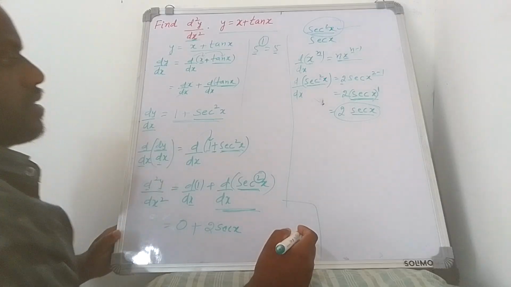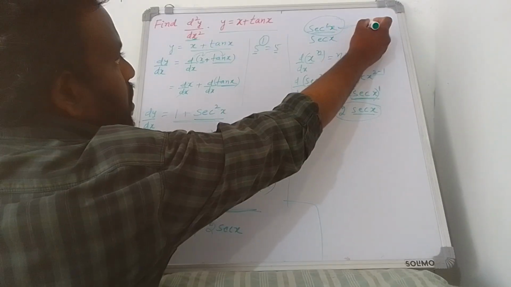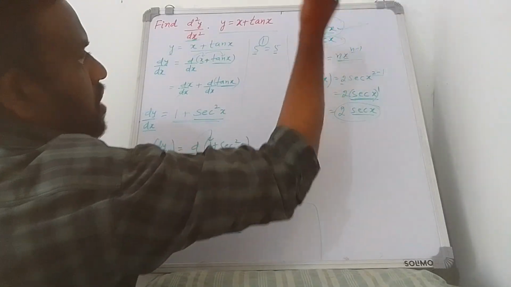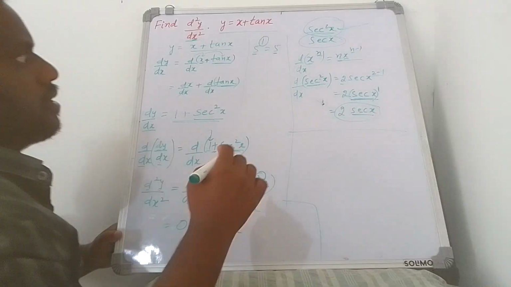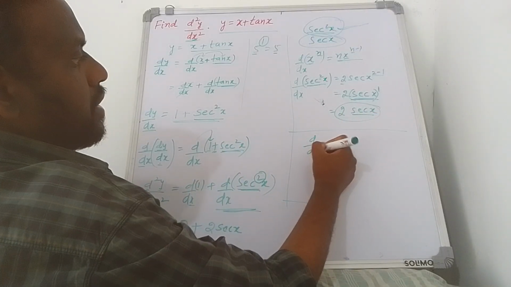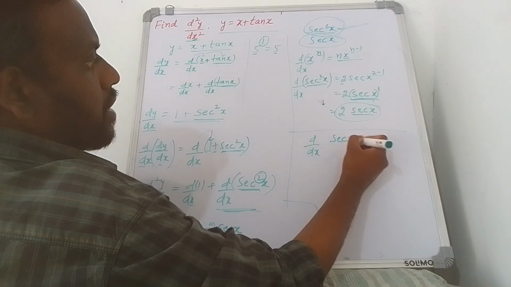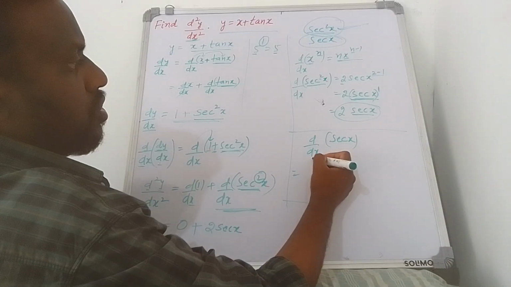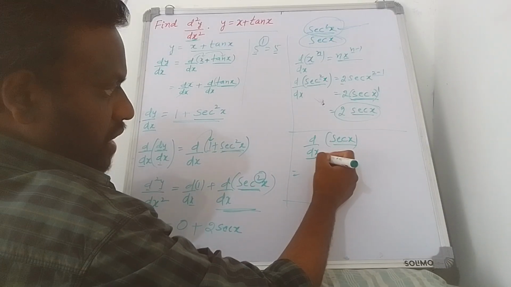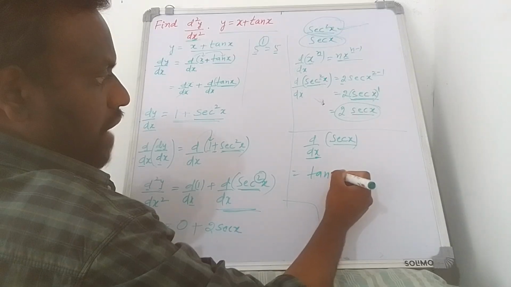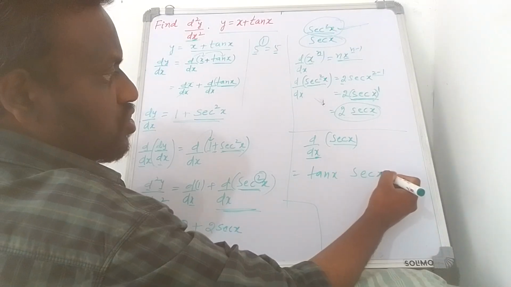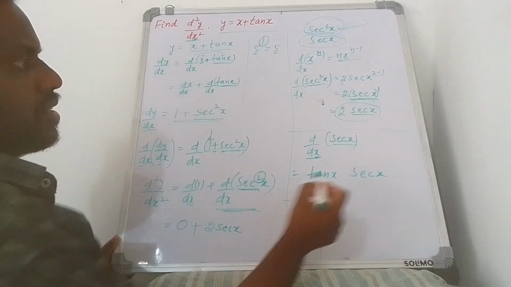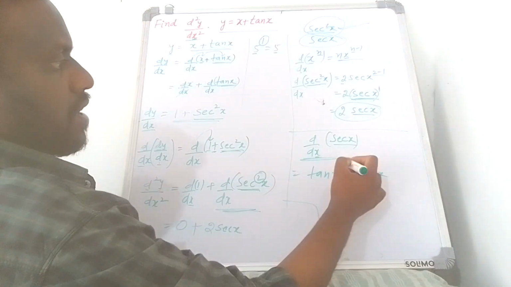Next, this function is done. We have another function, secant x. So d by dx of secant x. For this there is a standard formula: differentiation of secant x with respect to x will be tan x into secant x. So this is the standard formula.